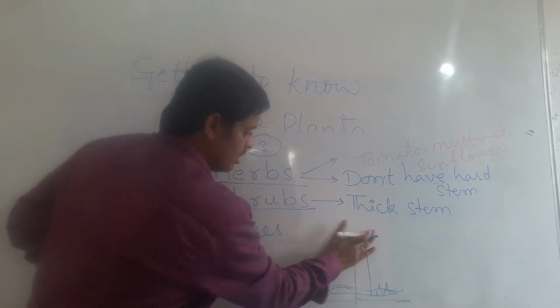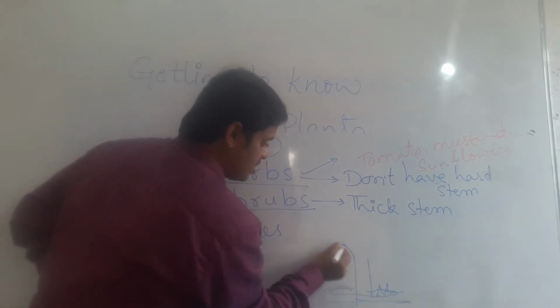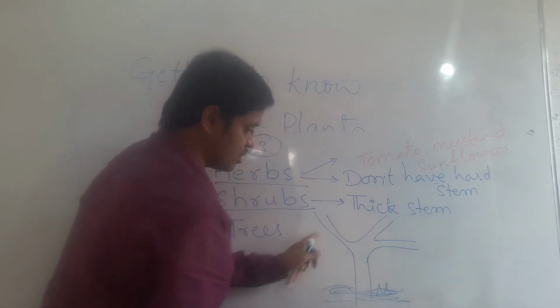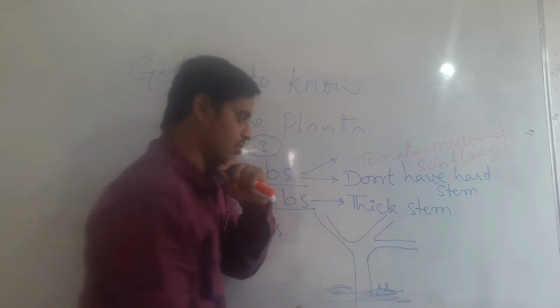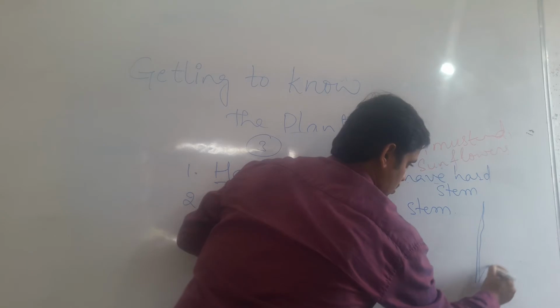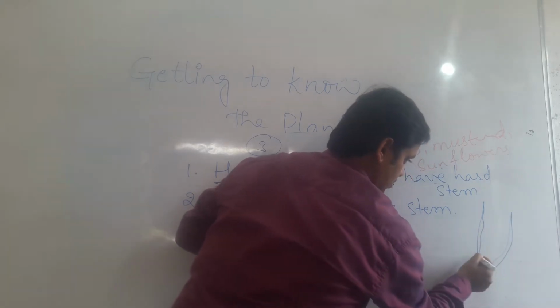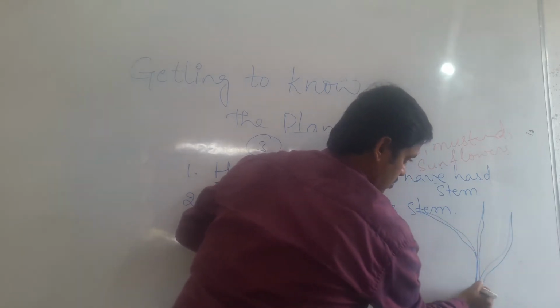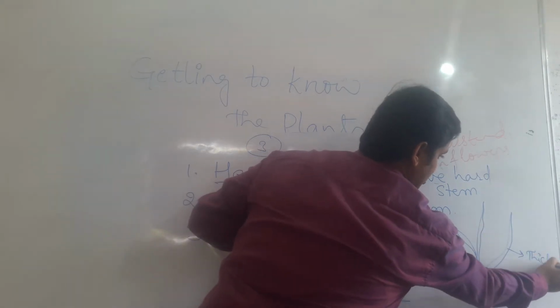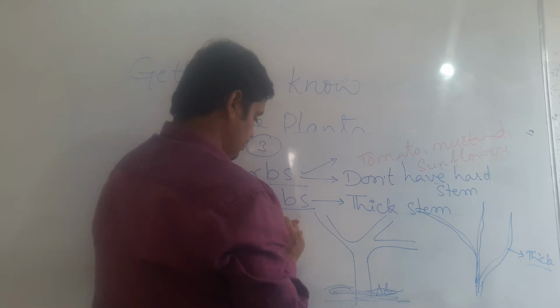But here it shows branches near the ground level. Let me draw the shrub. This is the thick stem, but not as sturdy as the tree.